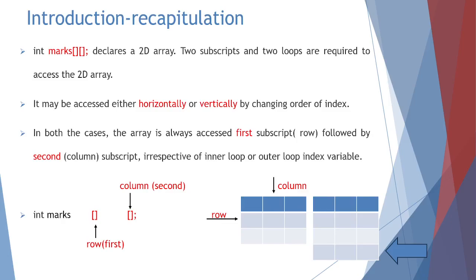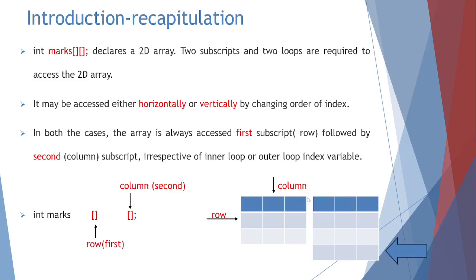Whereas, if we want to access vertically, the outer loop works 3 times and each time the inner loop works 4 times. So this is how we manage. But internally, first of all, the row subscript, that is horizontally, will be read, and then vertically, whatever we may use, the index variable and the loops.